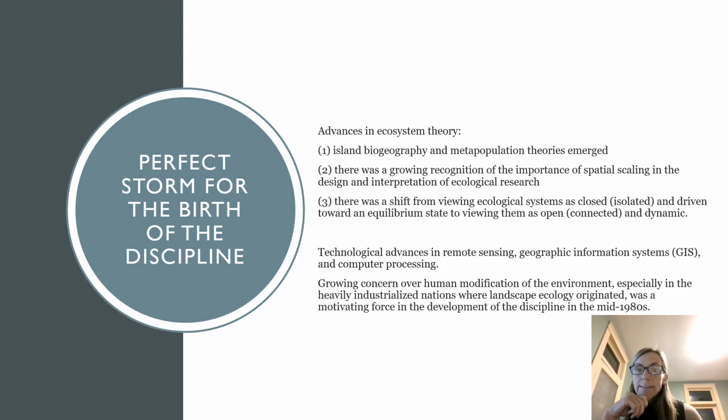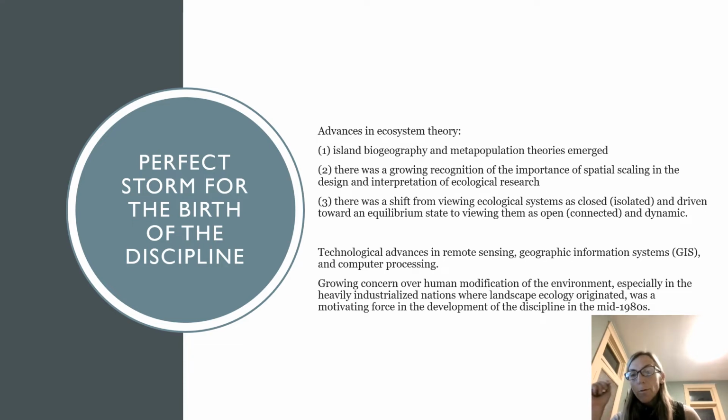Metapopulation theories. Another was a growing recognition of the importance of spatial scaling in the design and interpretation of ecological research, and a shifting view from the thought that ecological systems were closed or isolated and driven towards an equilibrium state to a view that they were open, connected, and dynamic.